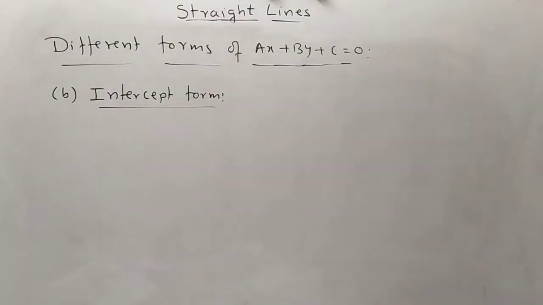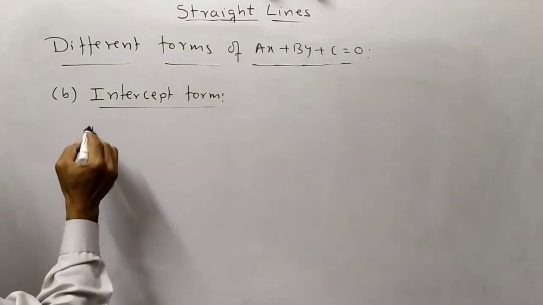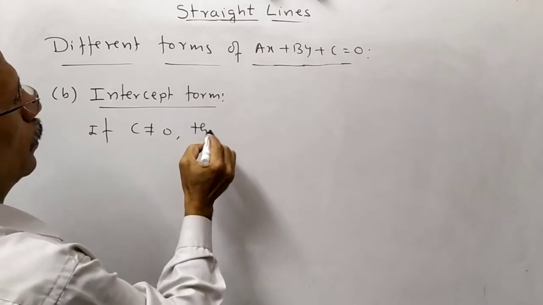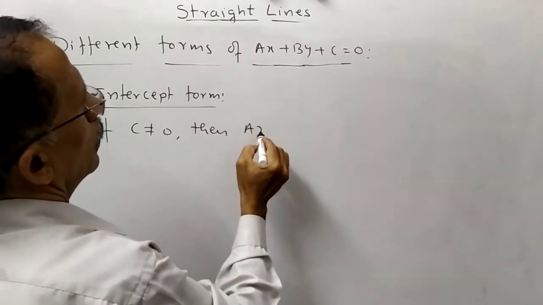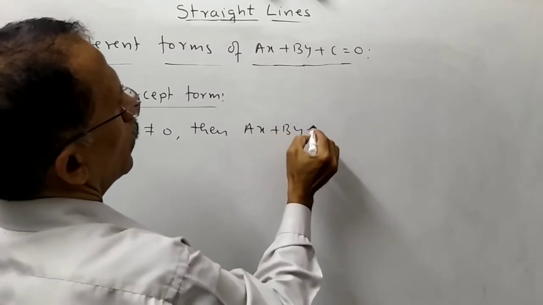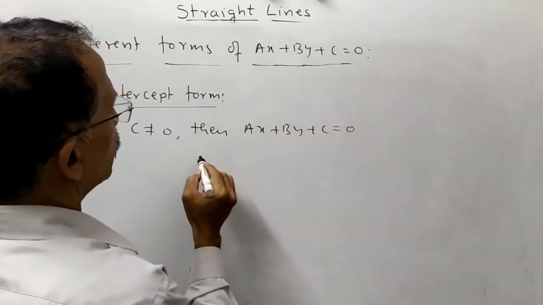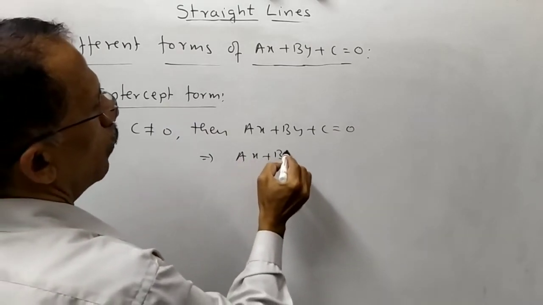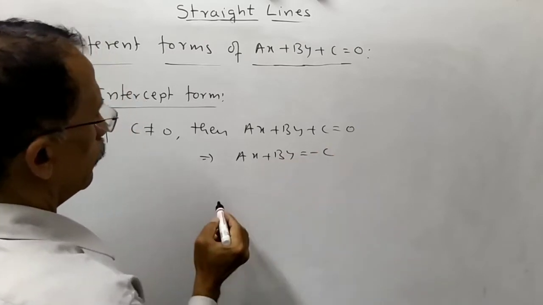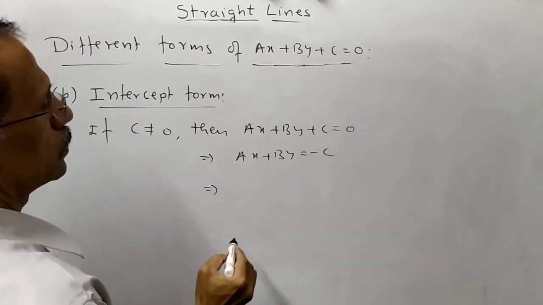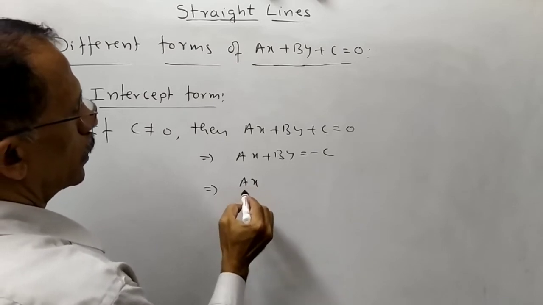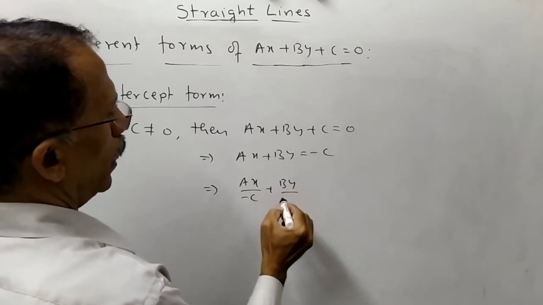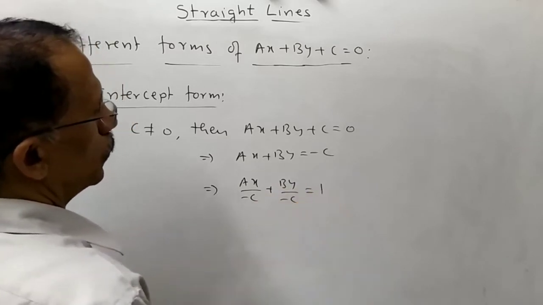Intercept form. If c is not equal to 0, then ax plus by plus c is equal to 0 implies ax plus by is equal to minus c. This implies ax divided by minus c plus by divided by minus c is equal to 1.